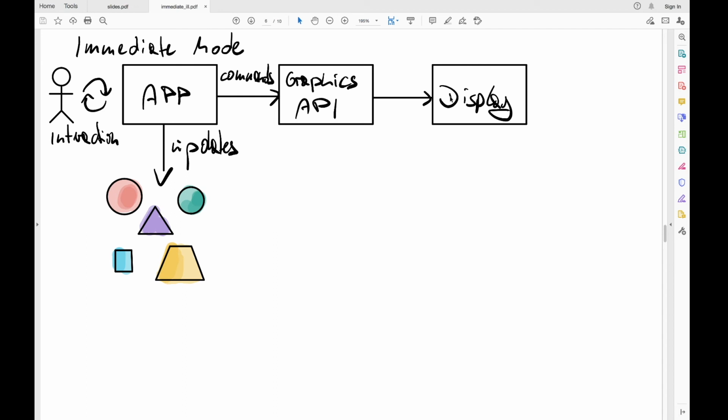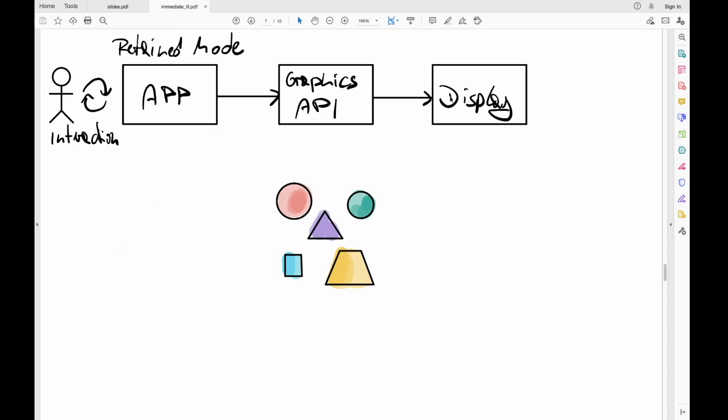Then there are the so-called retained mode APIs, which have the graphics API logically store the three-dimensional scene. The application can take and interpret user interaction and translate that into update commands, and those update commands are what the graphics API understands. So the graphics API doesn't think in terms of understanding and translating draw commands, but in taking update commands and applying those to the scene.